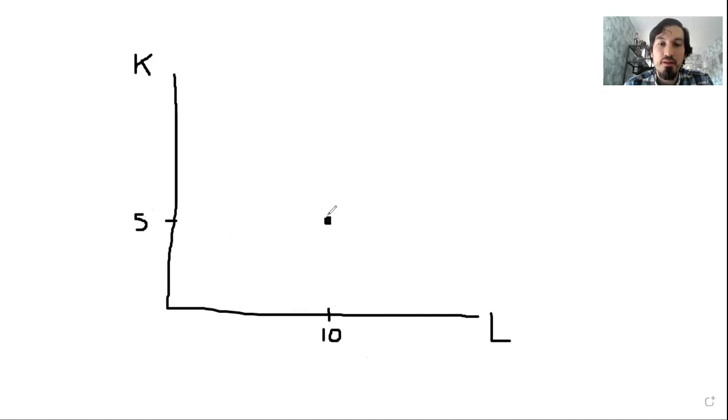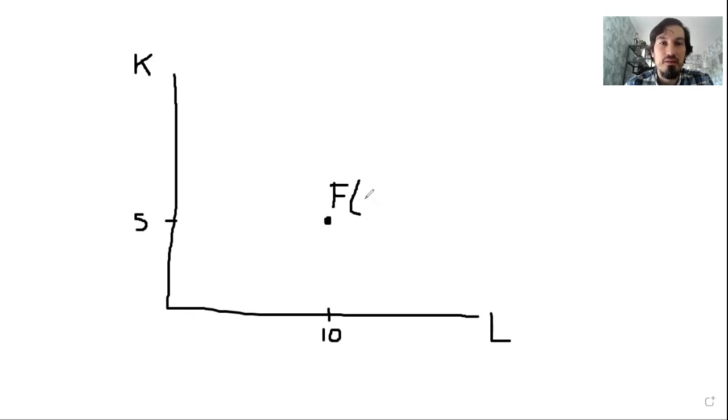And what the production function tells you is the amount of output that you get, the quantity of output. I should have put f of 10 and 5, by the way.